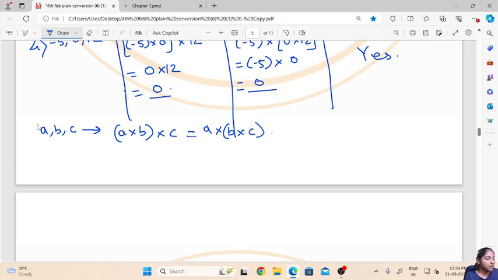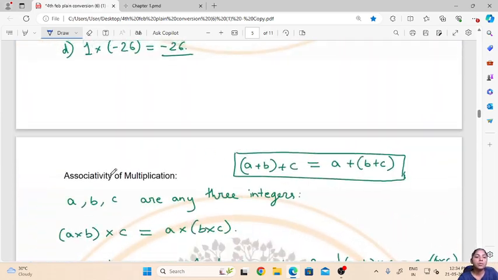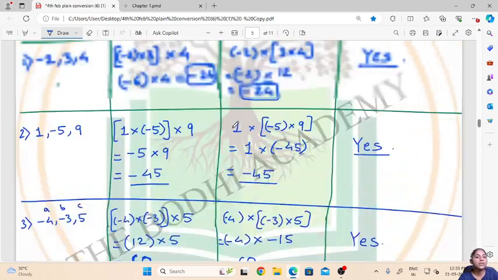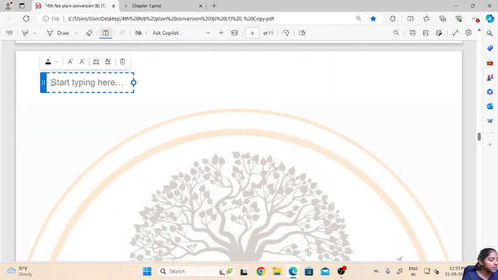So thus we say that multiplication of integers is associative. So this was the associative property of integers. Then the next property that we will see is the distributive property.